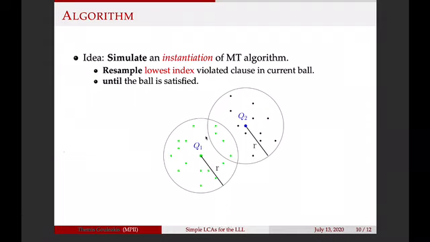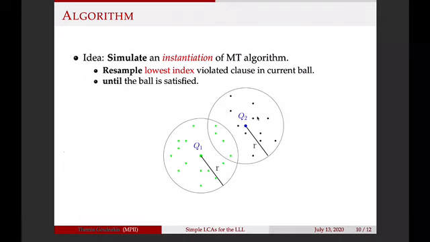Now, as the second query q2 comes in, we similarly form a ball of radius r around it, and now, as you can see, there might be some black clauses here. This means that they contain variables that have not been assigned a truth value yet.